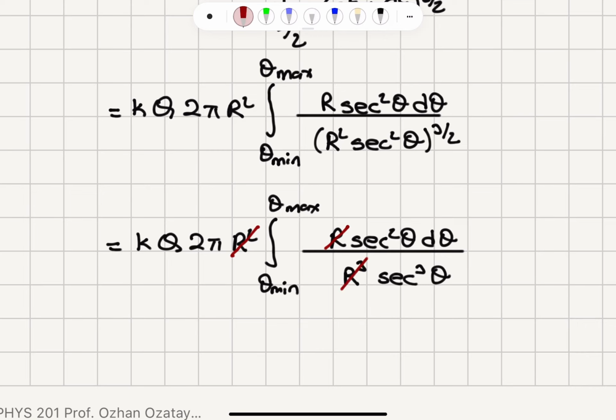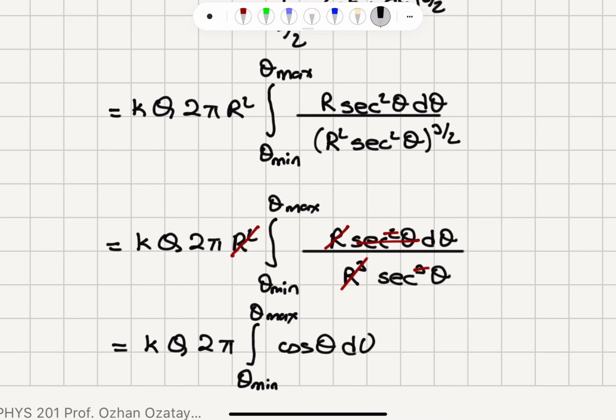I will be left with secant square divided by secant cube, which leaves only one secant remaining. So d theta over secant theta, which is cosine theta d theta. So this gives me k capital Q 2 pi integral from theta minimum to theta maximum, which I haven't determined yet, of cosine theta d theta.